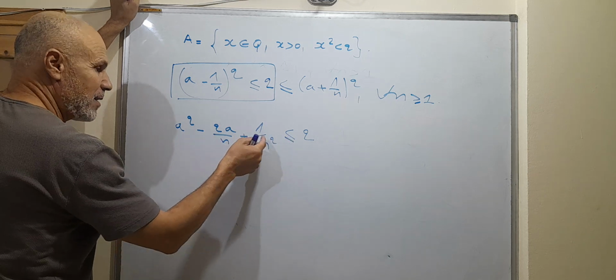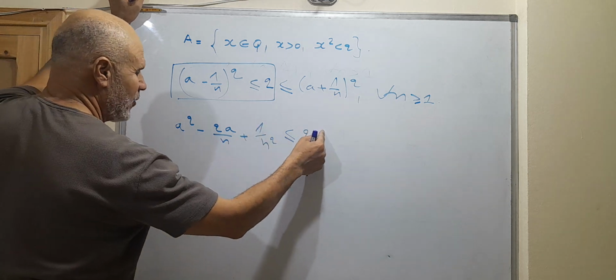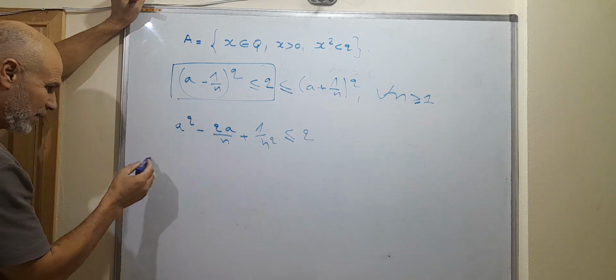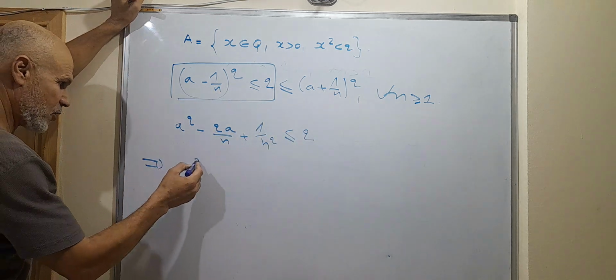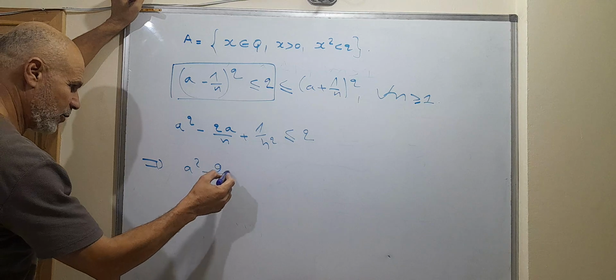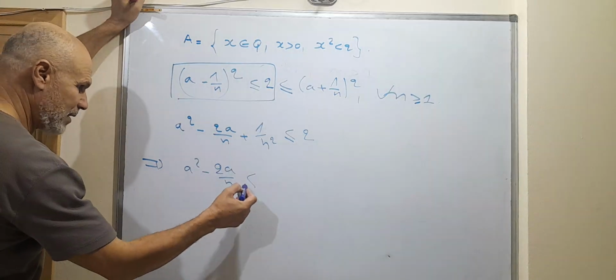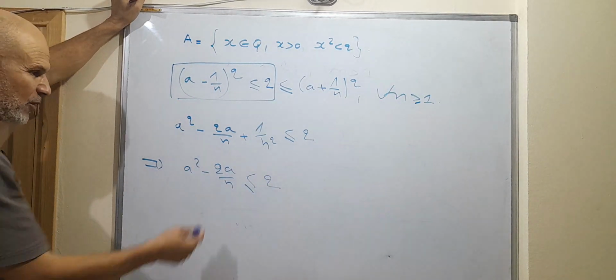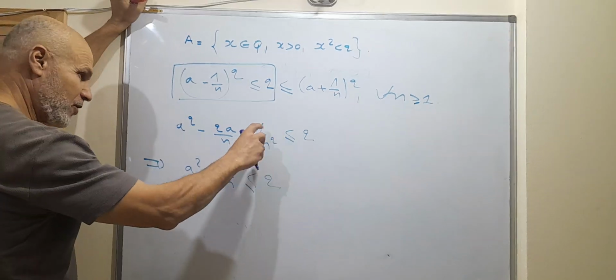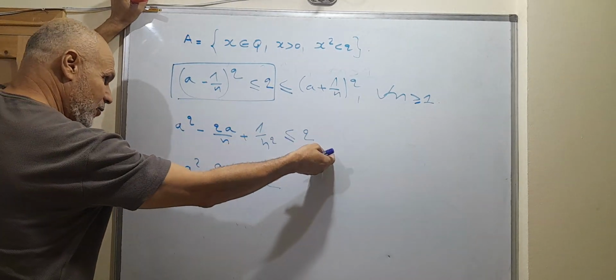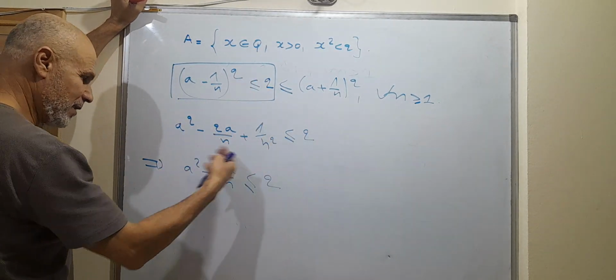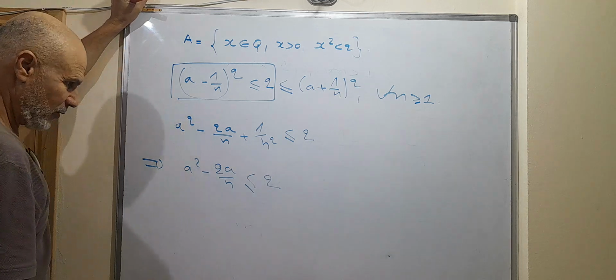This plus something positive is less than 2, which implies that a square minus 2a over n is less than 2, because if we cancel the positive term, it remains less than 2.